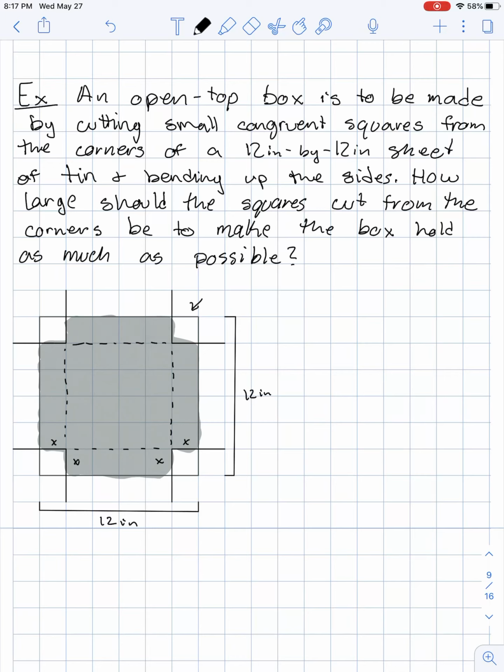So what am I given? We are given that it's a 12 by 12 sheet. So that tells me the surface area of my box.